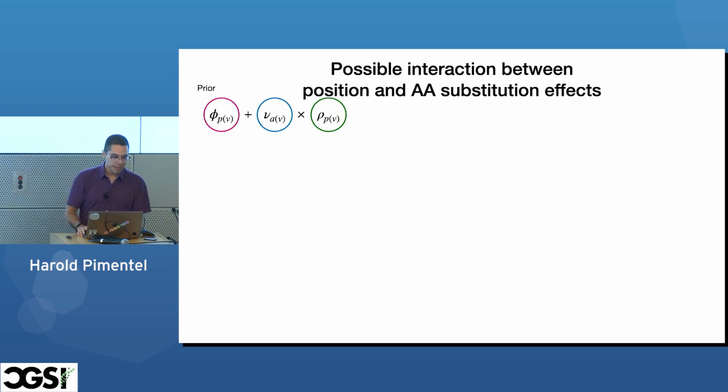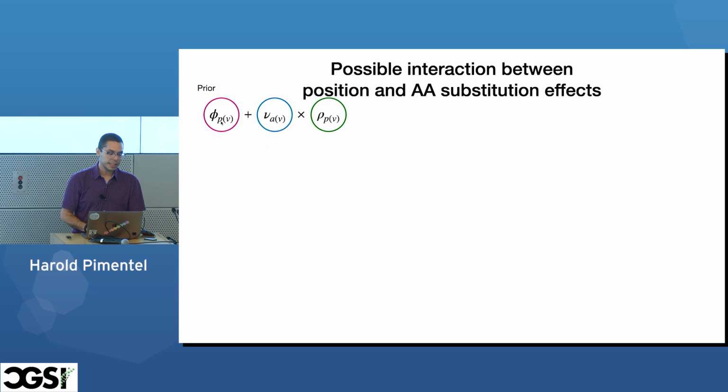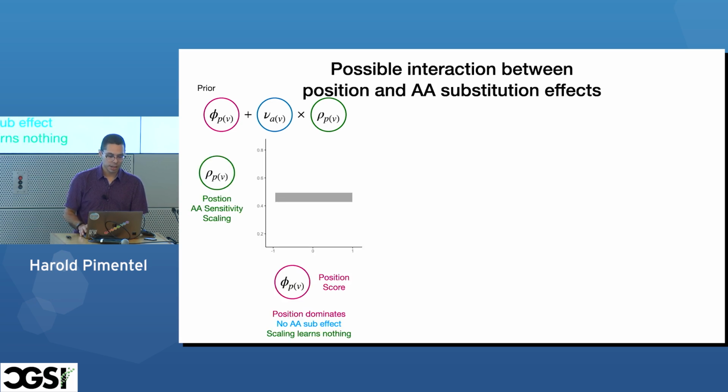This is interesting because I can create summary statistics, or effectively summaries of the posterior, that will tell me what the position score versus the positional mean score versus the amino acid contribution looks like. And a priori, I might expect a bunch of different combinations of these two things.